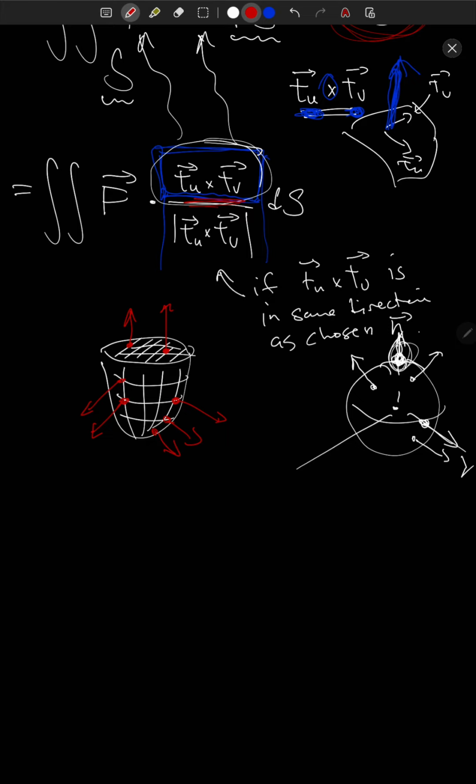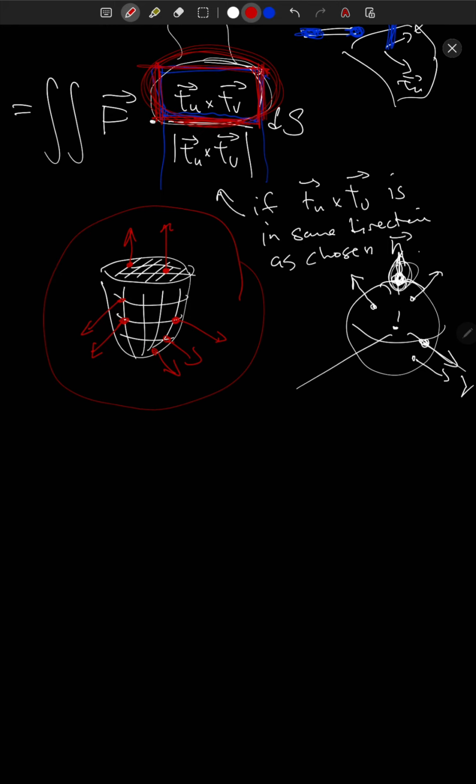So be very, very aware of actually which direction your normals should be pointing in, right? Because if you don't have the correct corresponding direction with the T_u cross T_v, your answer is going to be the negative of what it should be. All right.